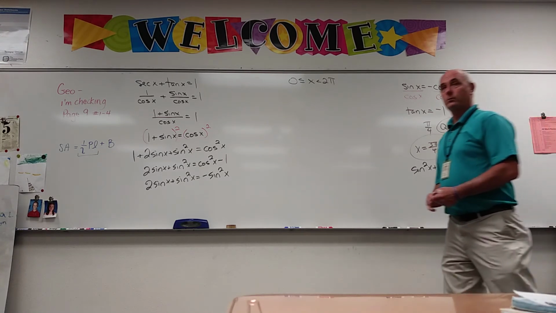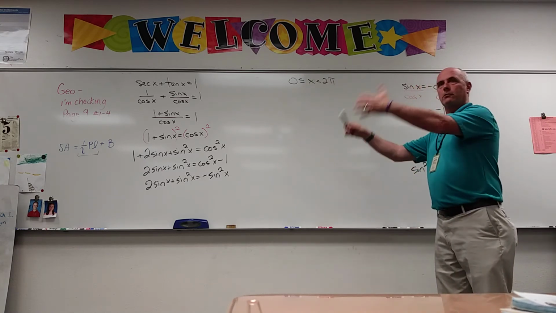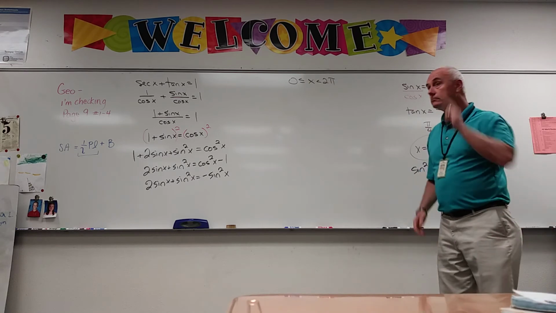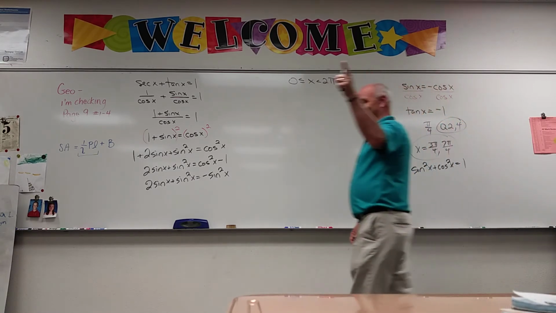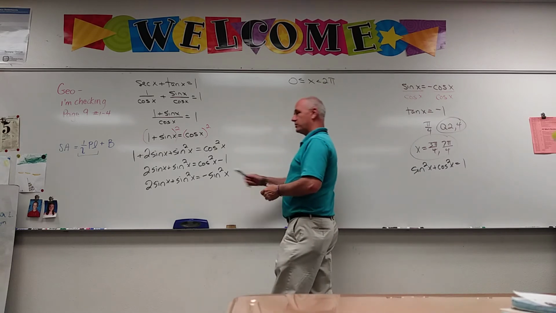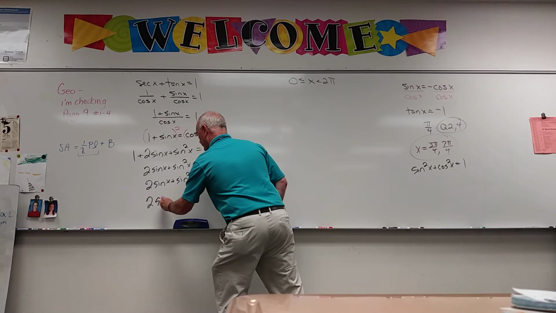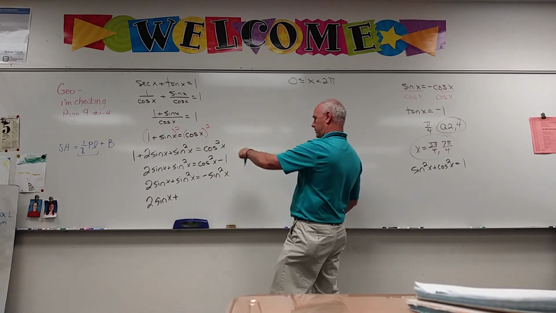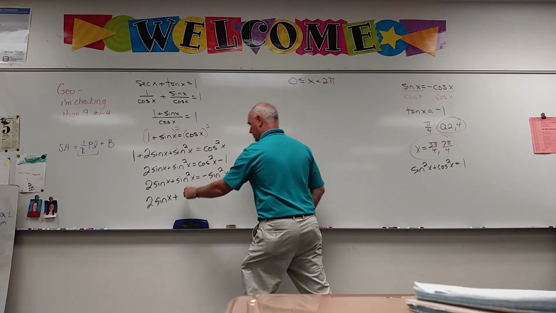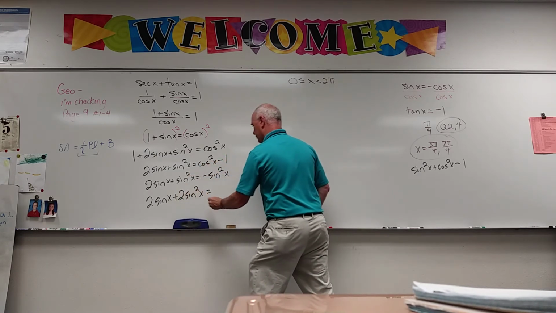If we have 0, what can we do? Let's get 0. 2 sine of x plus 2 sine squared of x equals 0. We're adding sine squared of x, so sine squared of x plus sine squared of x gives us 2 sine squared of x.